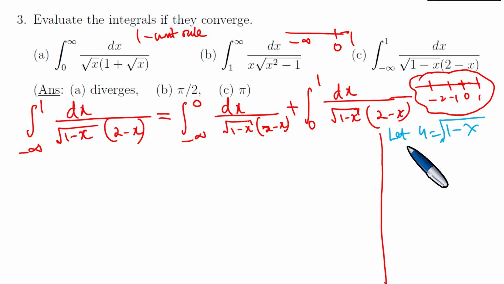What is this? Let's find the derivative of this, which is 1 over 2 root 1 minus x dx. So you find this integral here.